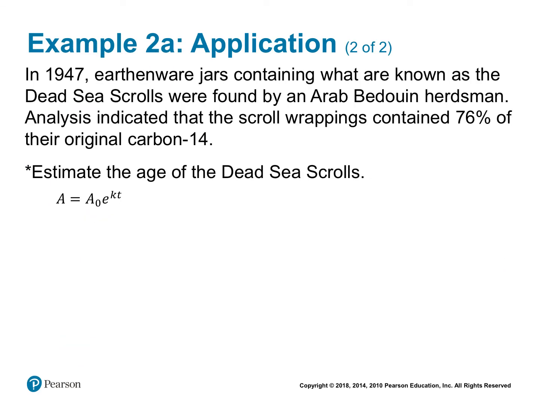So in 1947, earthenware jars containing what are known as the Dead Sea Scrolls were found. Analysis indicated that the scroll wrappings contained 76% of their original carbon-14. So we're going to estimate the age of the Dead Sea Scrolls. So we can use our previous formula that we found, and we had that the K was negative 0.000121.